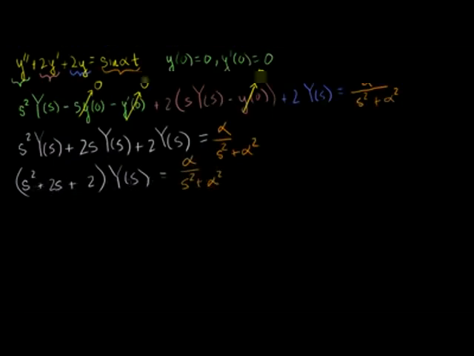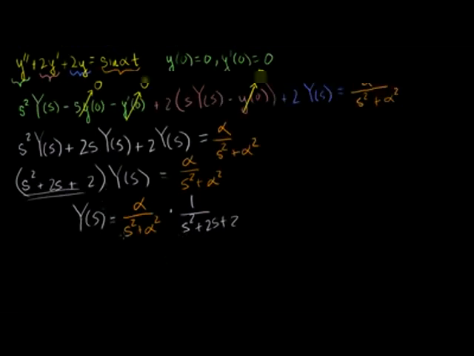Now we can divide both sides of this equation by this thing right here, and we get Y of s, the Laplace transform of y, is equal to alpha over s squared plus alpha squared, times 1 over s squared plus 2s plus 2. I could just say divided by this, but it works out the same either way.